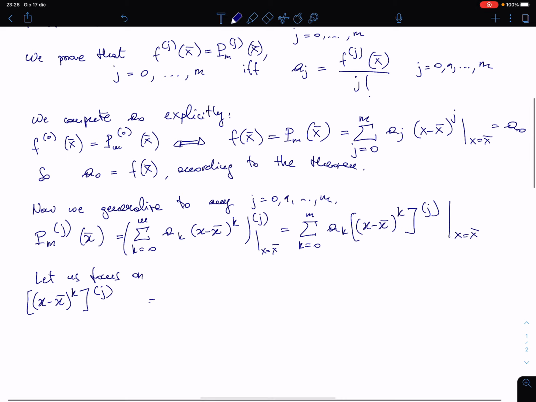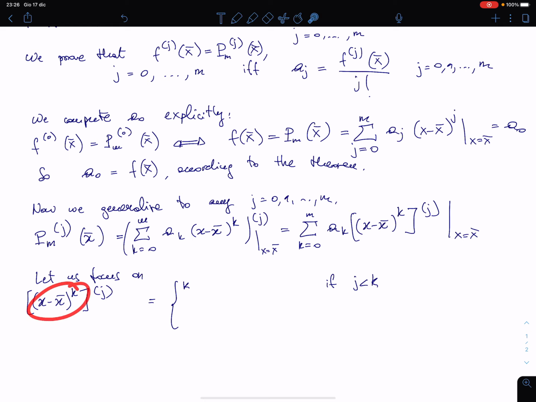Now we already made a comment on that, and so we have to distinguish 3 cases. If we differentiate less than the degree of the monomial, then after the first derivative we obtain a factor k, and (x minus x bar) to the power k minus 1.